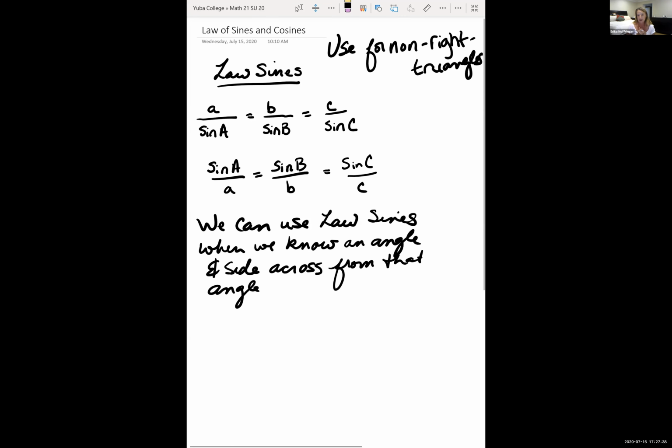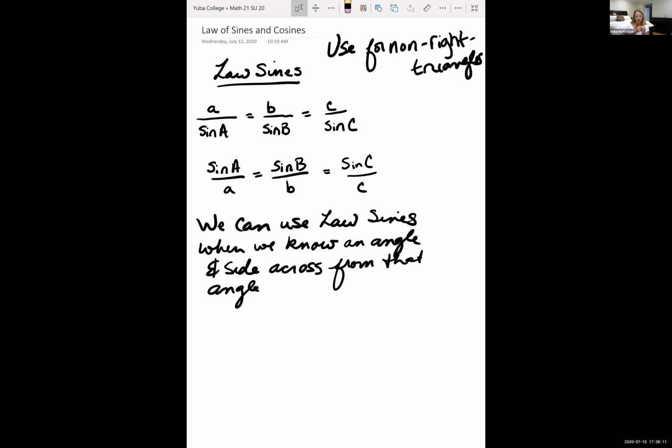So there are three possibilities that can occur given information about a triangle. One, no triangle exists. Two, one triangle exists. Or three, two triangles exist. I always assume two triangles exist, and while I'm working out the information for those two triangles, if two triangles don't exist, I'm going to get some contradiction.